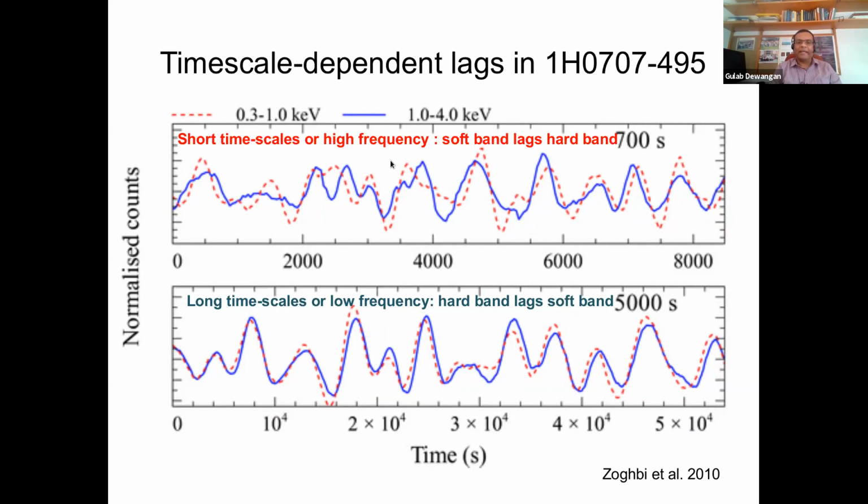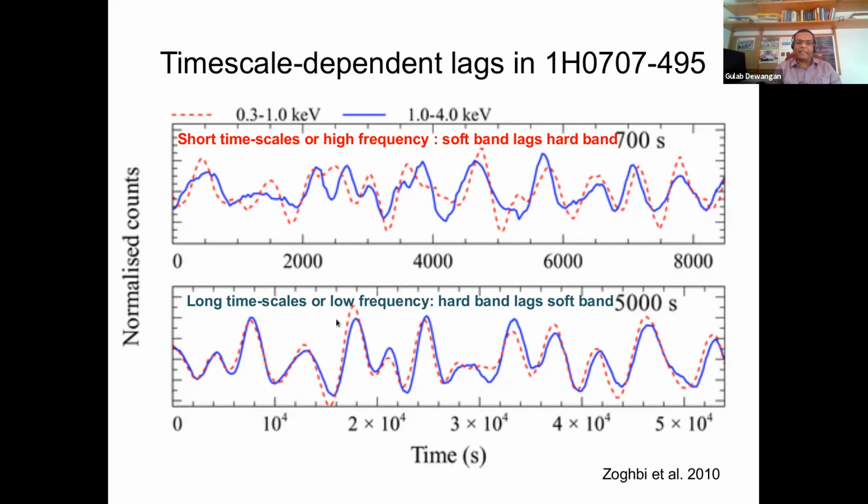Here it was lagging, here it is leading. And the general interpretation is that on longer time scales, it is the continuum component, not really the reflection component, which dominates the longer time variability, which we do not understand very well, but there are some models, but I'll not go into the details.